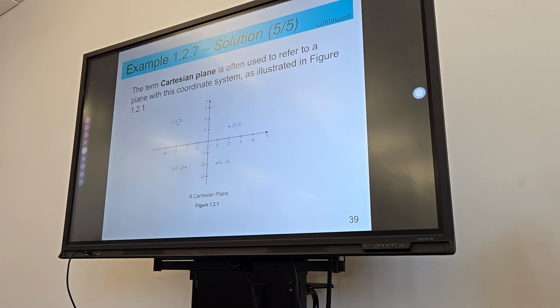And by extension, if you were to do R Cartesian product R, you would have all points in three-dimensional space. Ordered triple, x, y, and z.